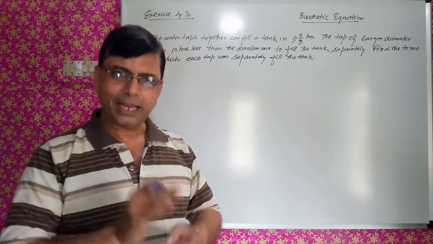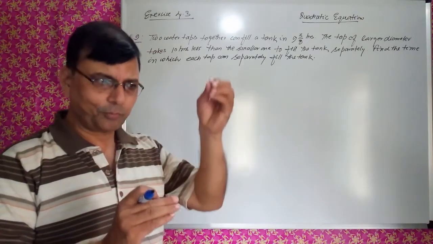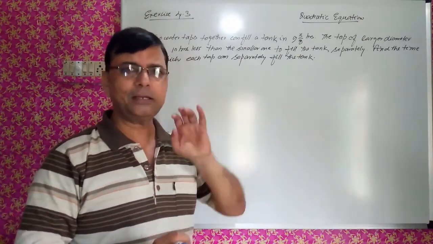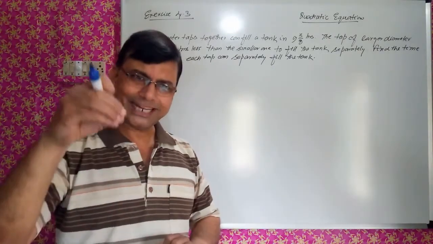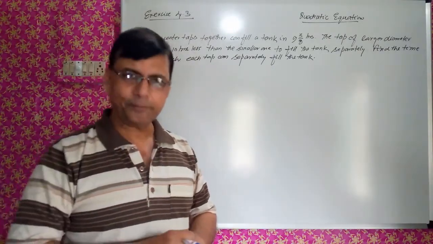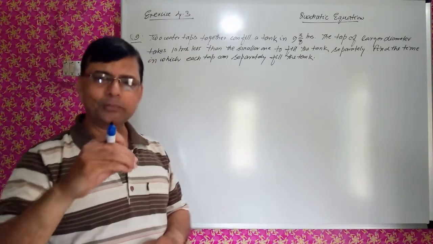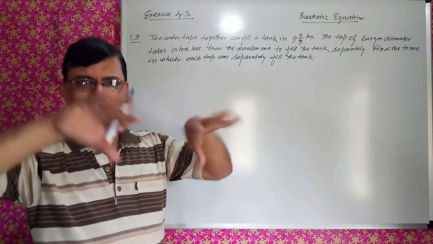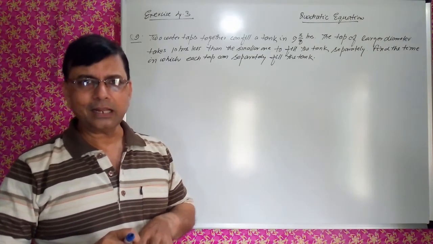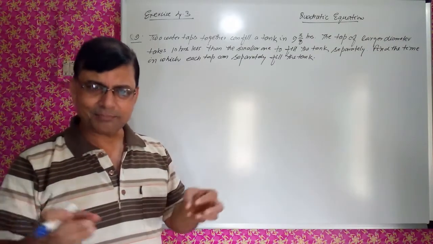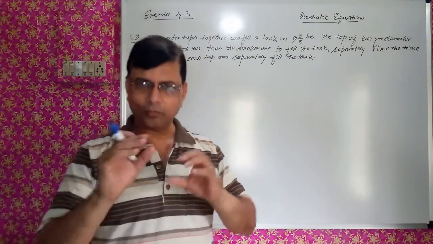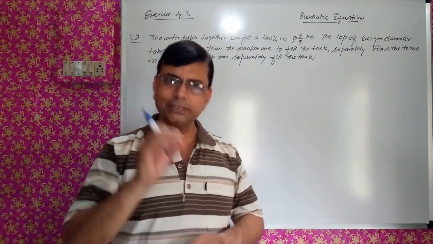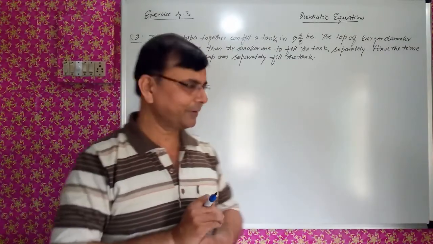In 1 hour, if one tap is opened, what part of the tank will be filled? If the second one is separately opened, then in 1 hour what part will be filled? It means both are open together. Then in 1 hour some part of the total volume of the tank will be filled. That is the concept behind it. So we will apply that over here.